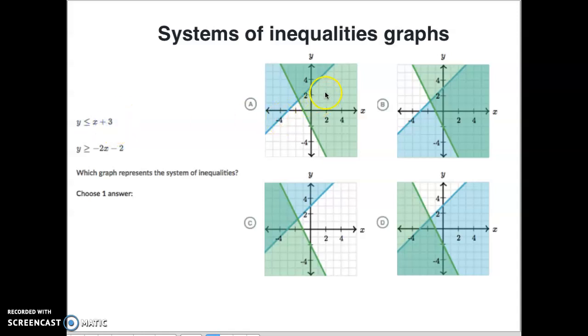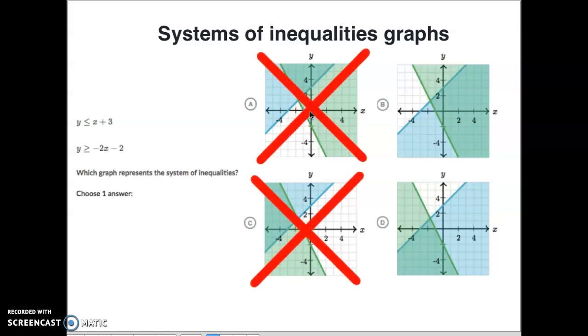So if I look at my slope where 3 is, which is where the blue line crosses at 3, I need it to be y is less than. Less than means we would shade below. So notice that this one shades above. Notice that this letter C also shades above. So we know right off the bat, those two cannot be correct.